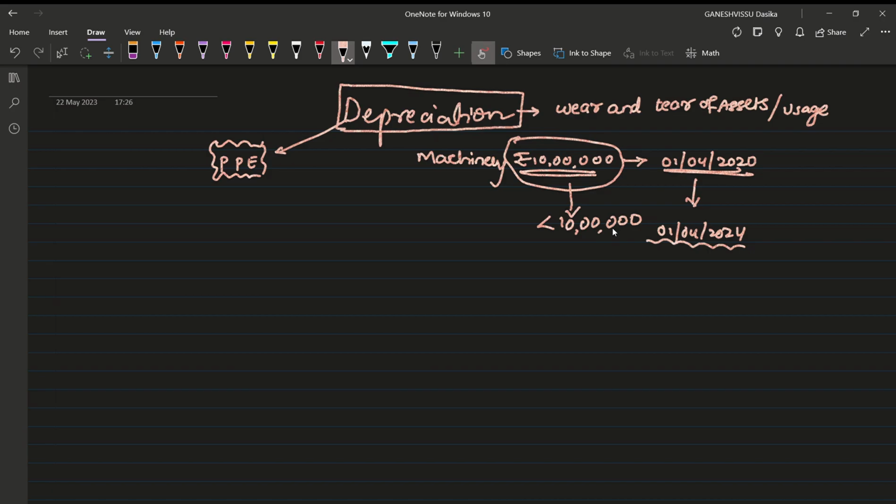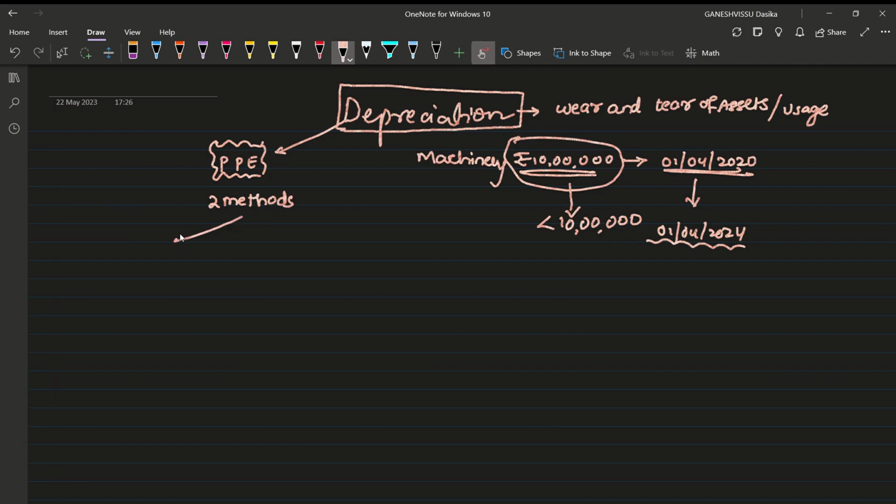So how much would it be decreased, in what ways will the depreciation be, what are the types of depreciation we can see, right? And what are the methods of depreciation? Usually, most frequently we are going to use two methods.